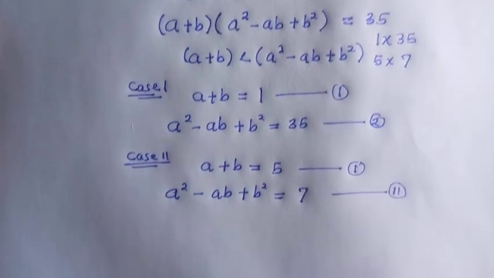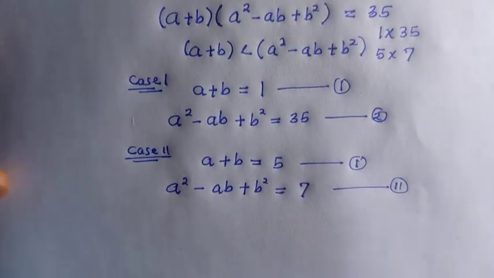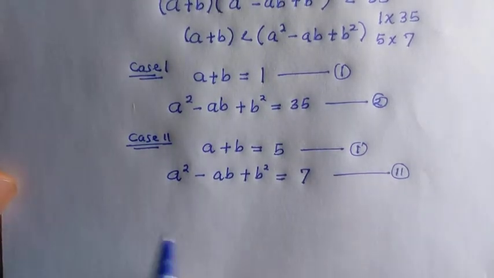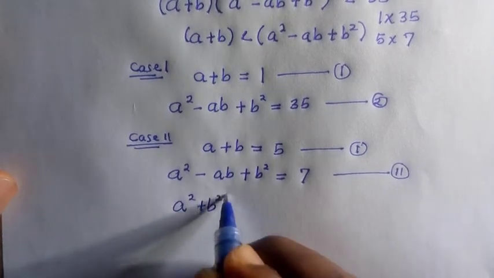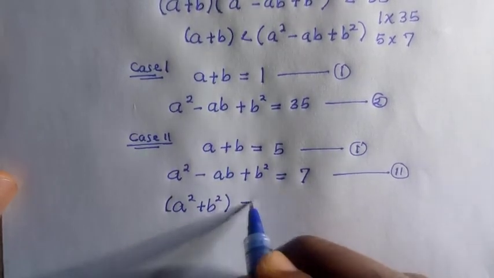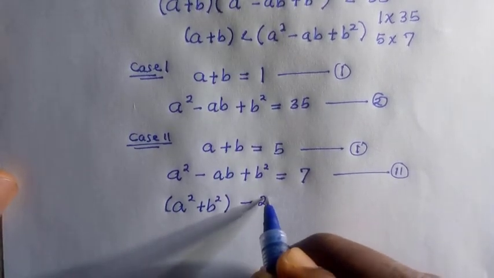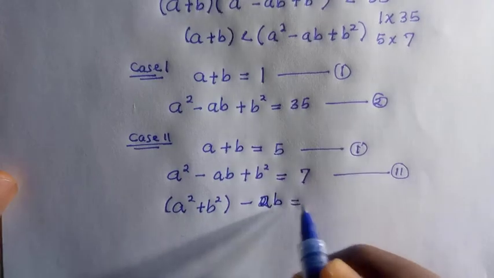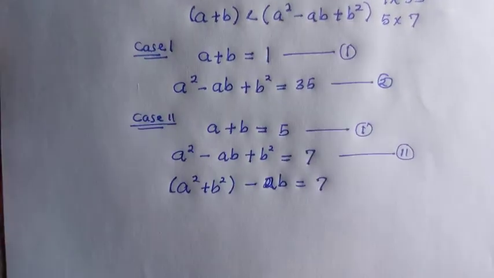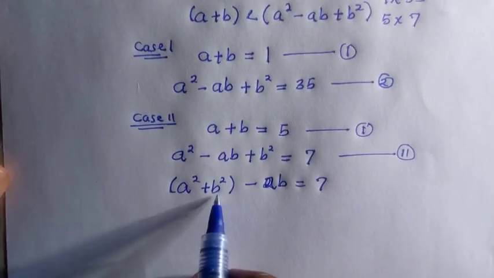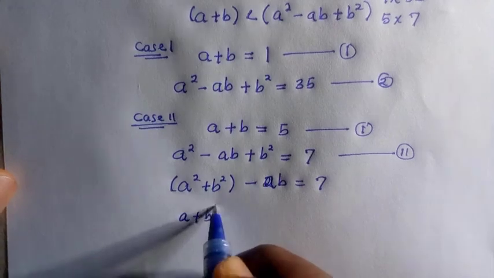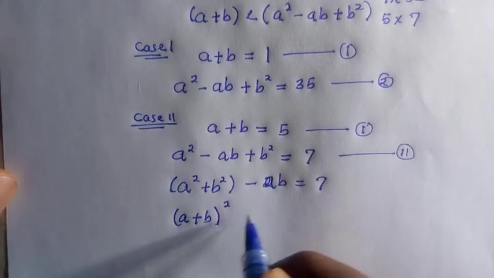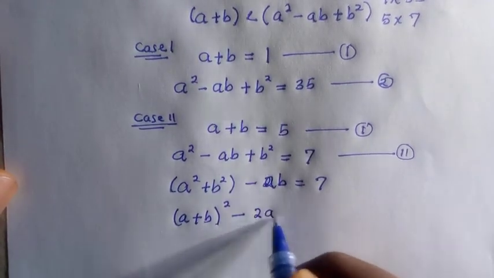Assuming that we combine a square and b square together, that is a square plus b square, then here is minus ab equals 7. There's an identity for a square plus b square, which gives us (a plus b) all squared minus 2ab.